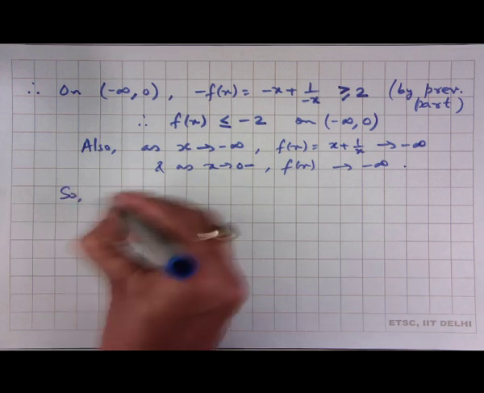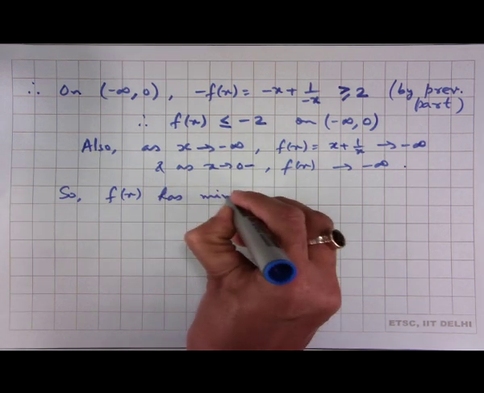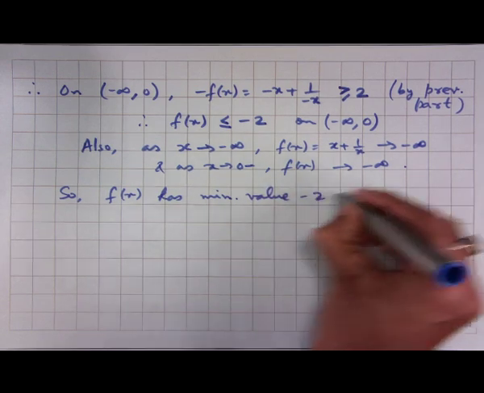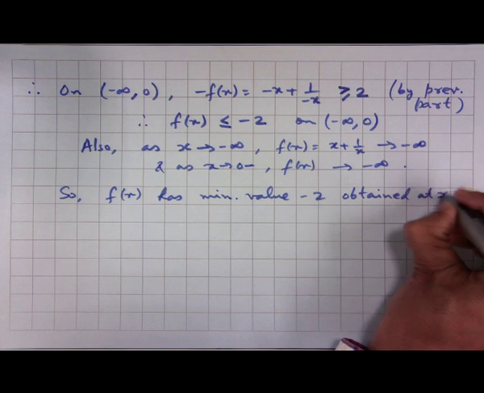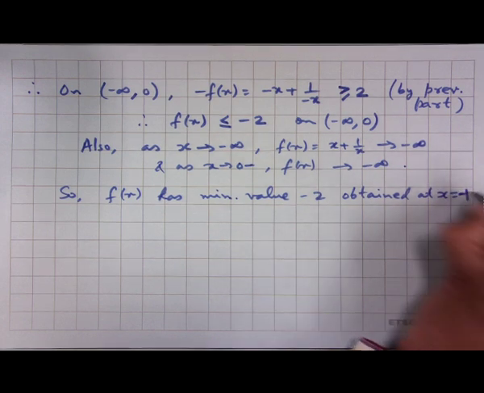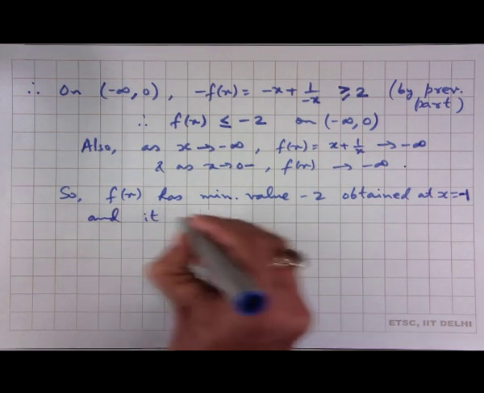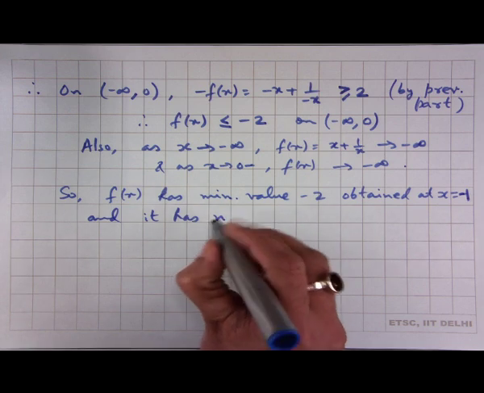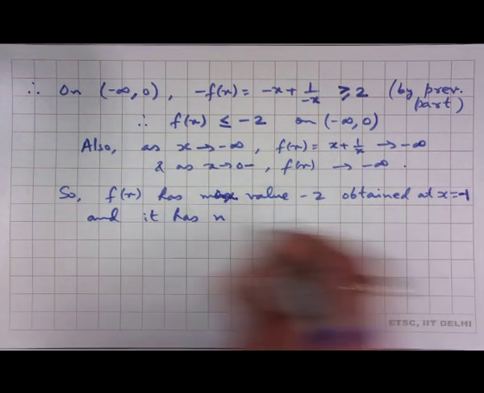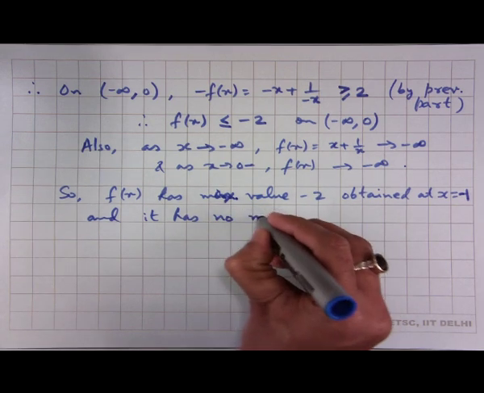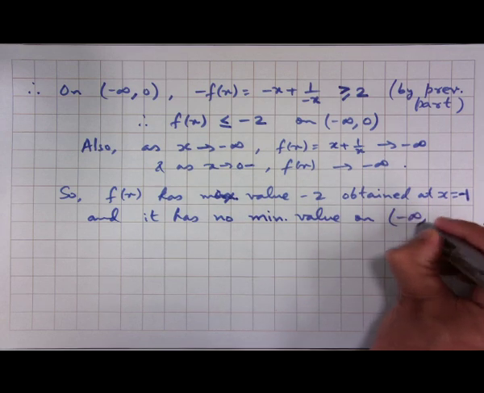So, f of x has maximum value minus 2, which is obtained at x equal to minus 1, if you evaluate you get minus 2, and it has no minimum value on the interval minus infinity to 0.